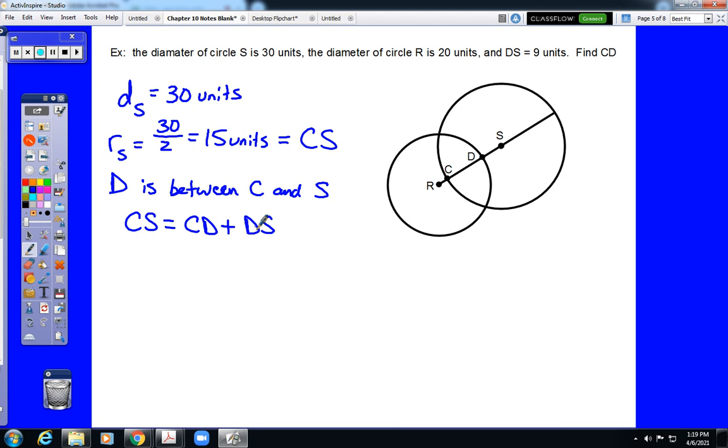Now, of the three lengths in that equation, we know two of them. CS is 15 units. You just told me the radius of circle S is 15 units. CD, we don't know. That's what we're trying to find. And DS is 9 units. How long is CD? 6 units. We would subtract 9 from each side of that equation, and that would give us the length of CD as being 6 units.